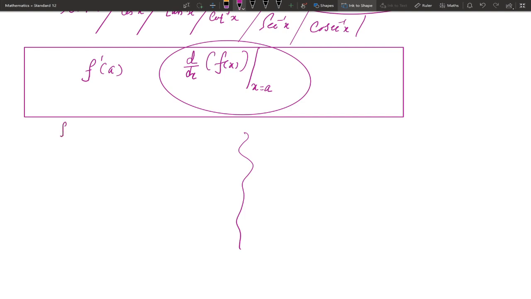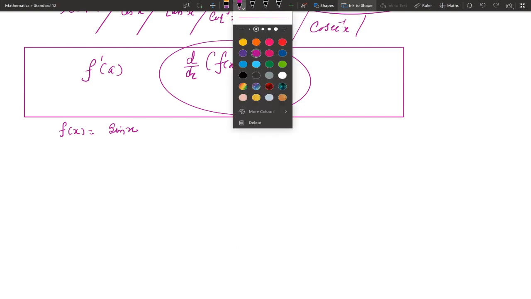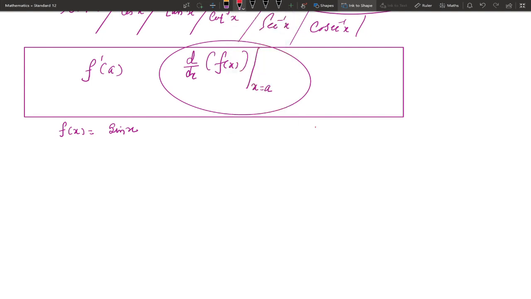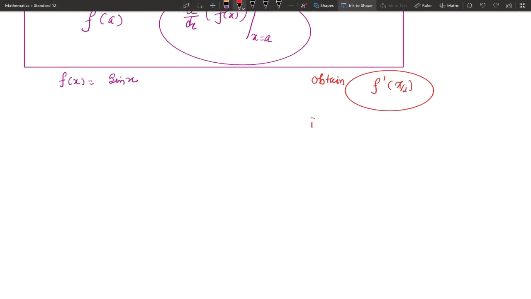For example, take f of x equal to sin x. Now the question is: obtain f prime pi by 2. So f prime pi by 2, f dash or f prime pi by 2. Now we use both methods so that you can note the difference between them.